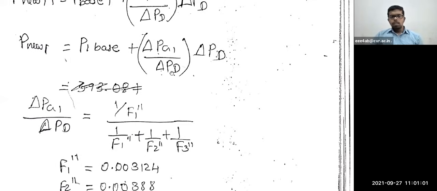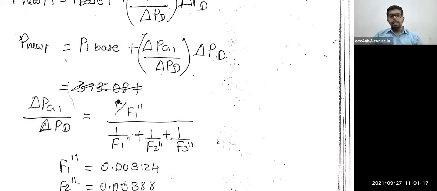So we have to find out this del PG1 divided by del PD. You know the formula, like the participation factor. What is the general formulation?